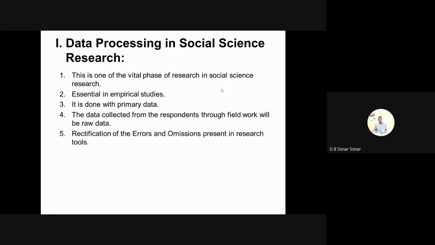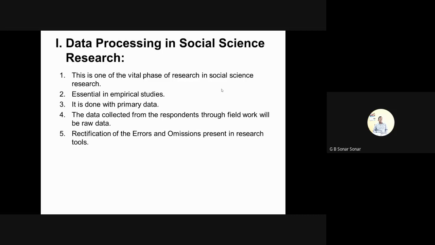Data processing is nothing but rectification of the errors and omissions present in the research tools. So I was mentioning raw data or the primary data. Where is primary data present? Primary data is present in the research tools. We use different research tools depending upon the nature of the study, nature of the respondent, and availability of time.